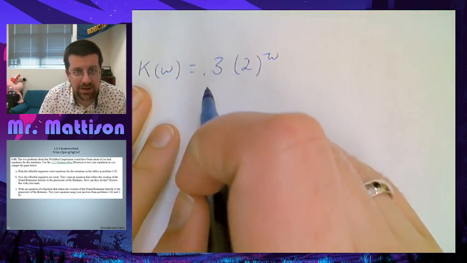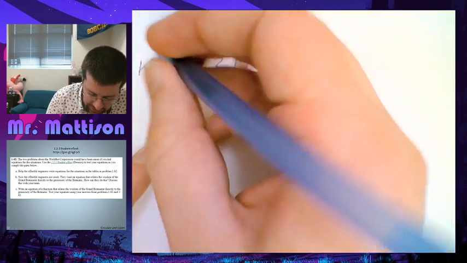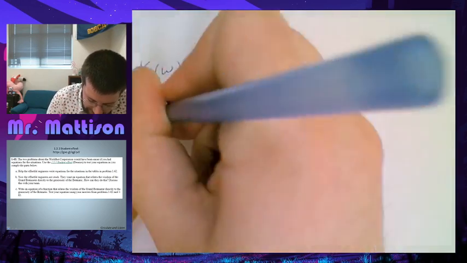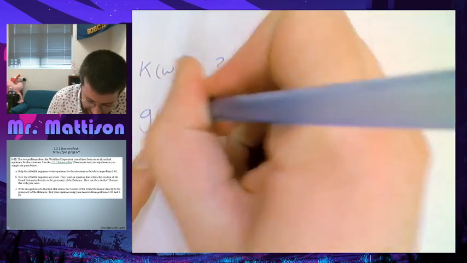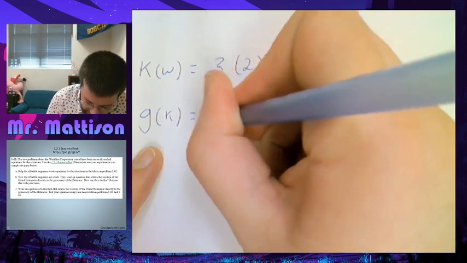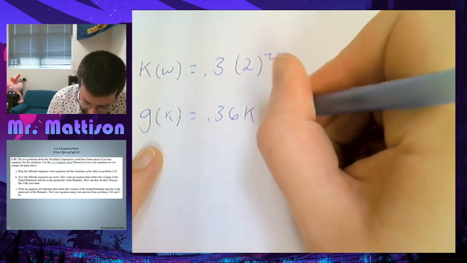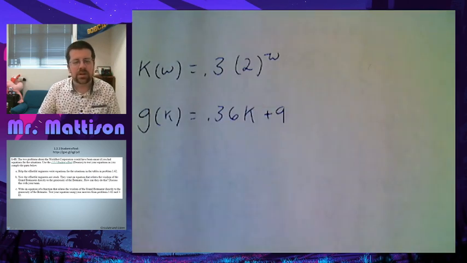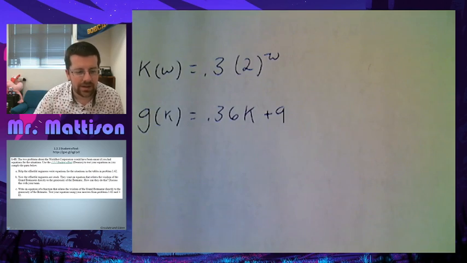That's the equation that I'm going to use there. And then my other one, I could get my gives from my kindness score by doing 0.36 times the kindness score plus 9.